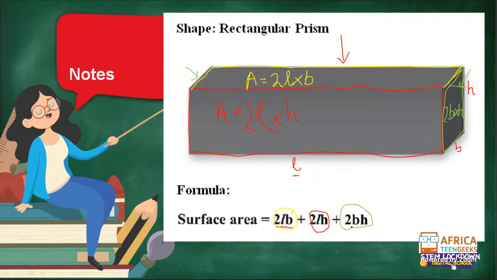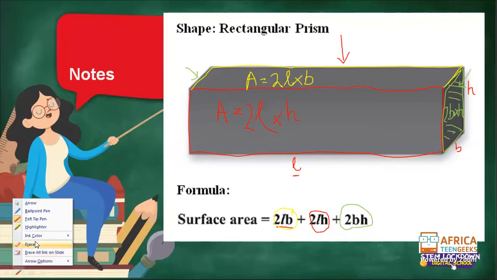Now, what you need to be careful of is that sometimes they'll give you a box similar to this one, but without a lid. An open box on one side. Obviously, if it's open on one side, that means only one area of that side will be calculated.